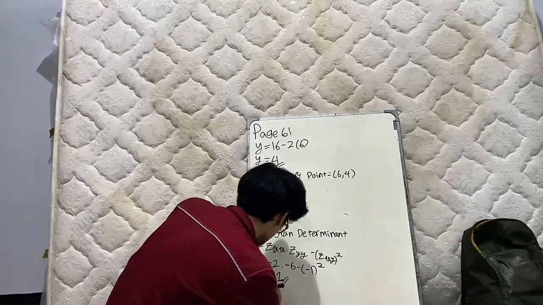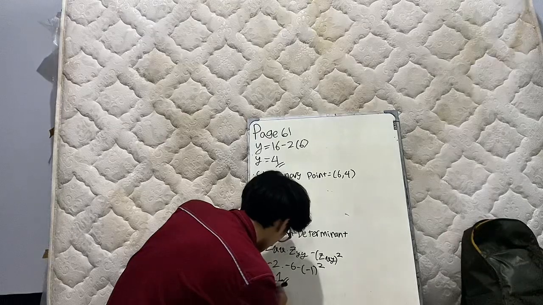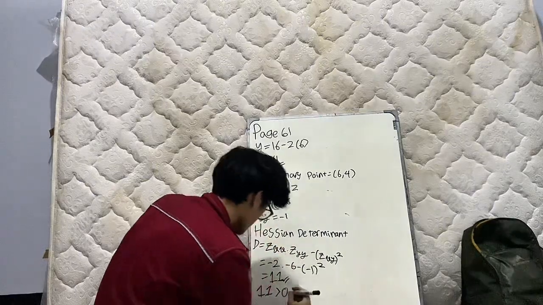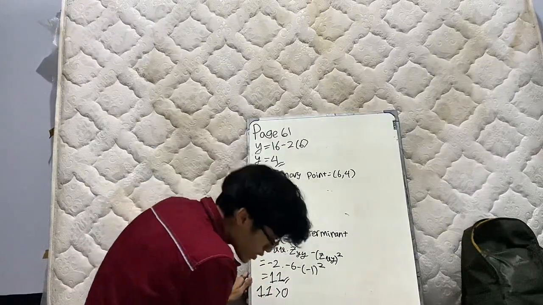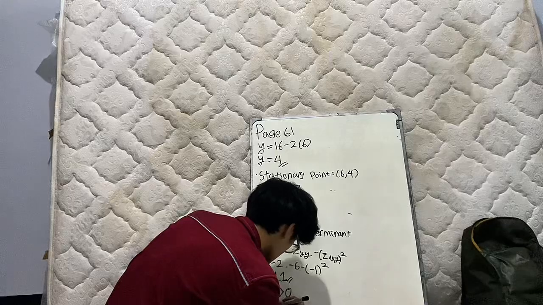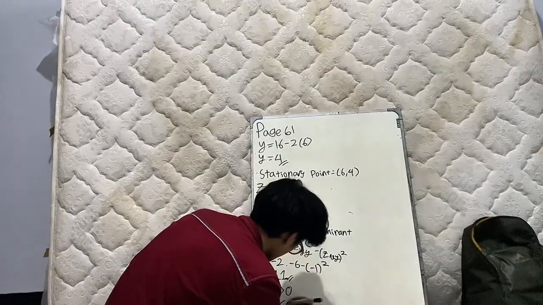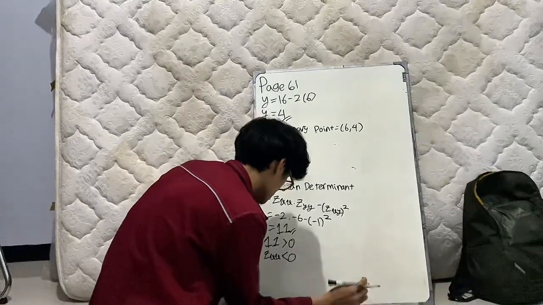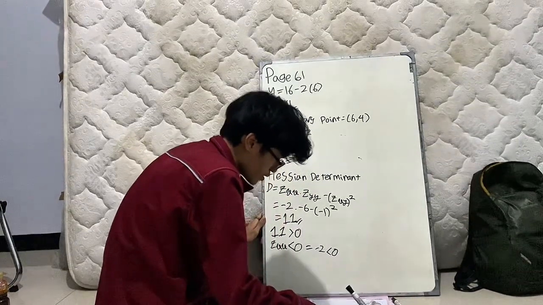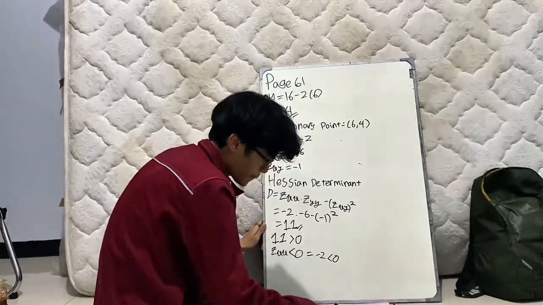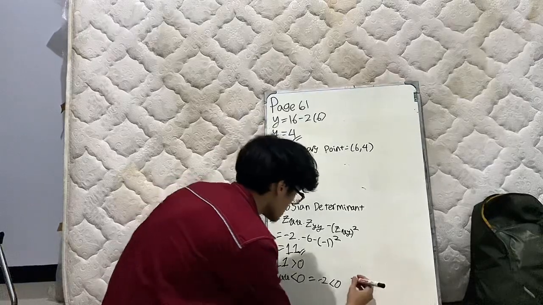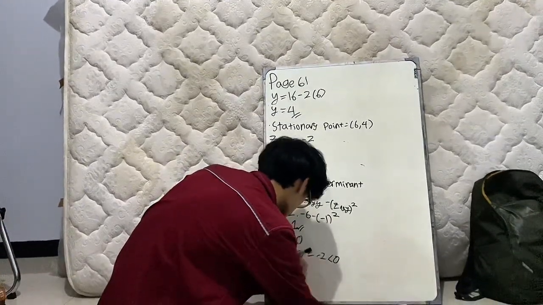Because the Hessian determinant is 11, which is over 0, and the second derivative is under 0, which is -2, this means that the function is a relative maximum at 6 and 4.